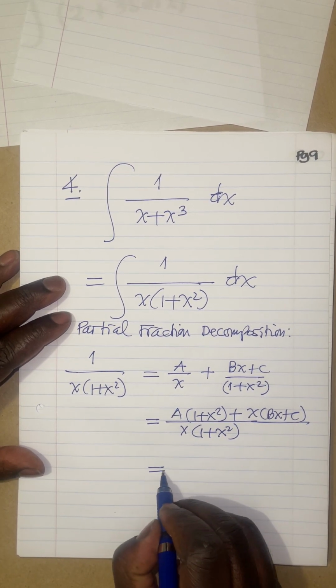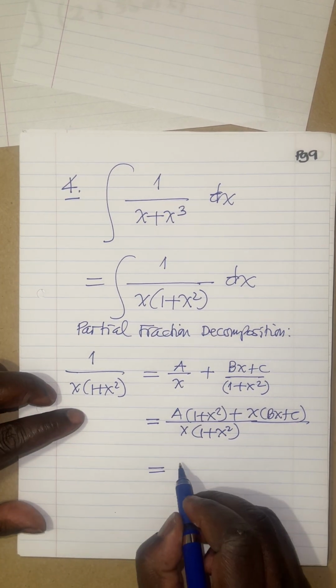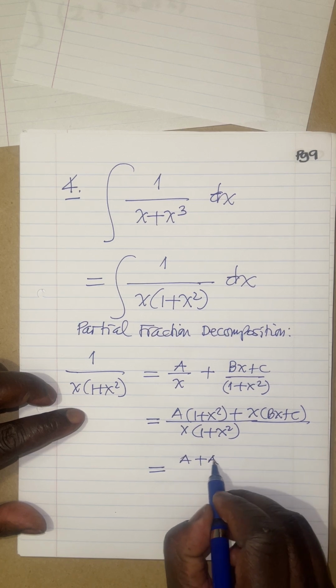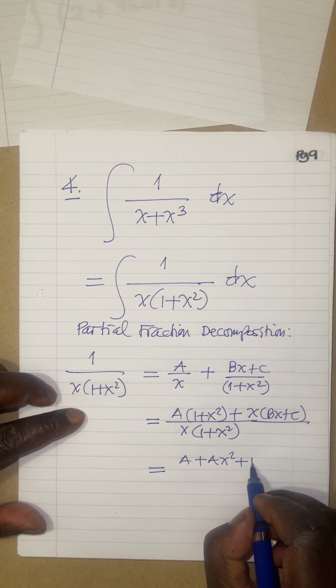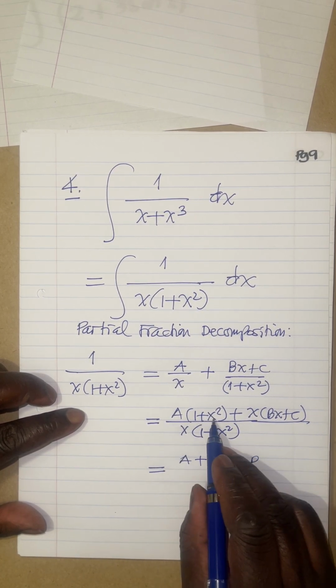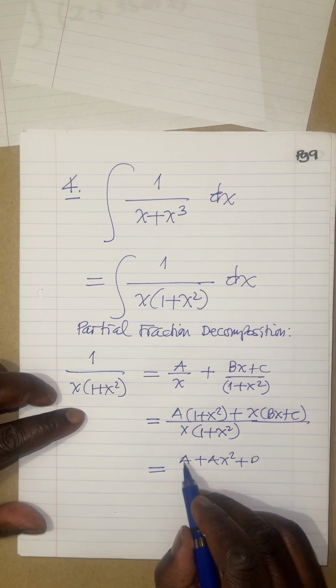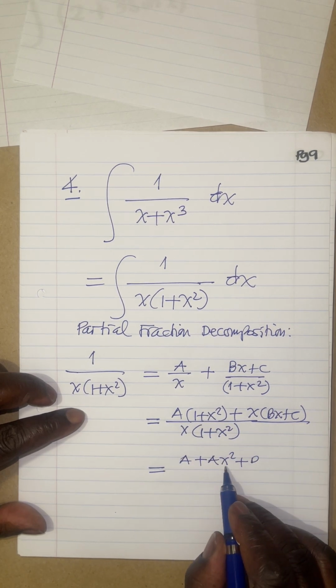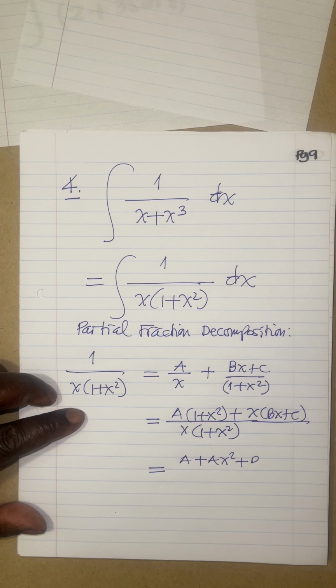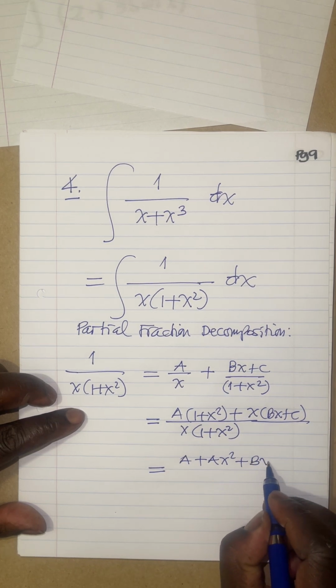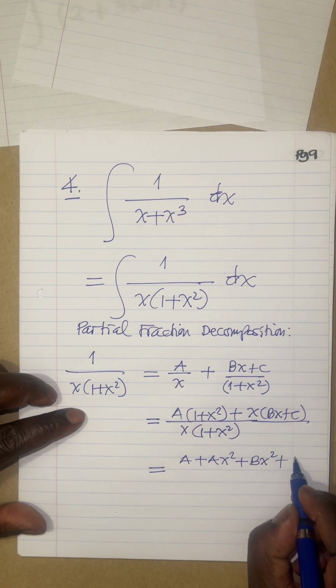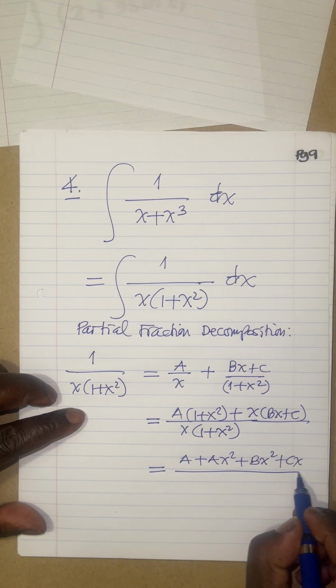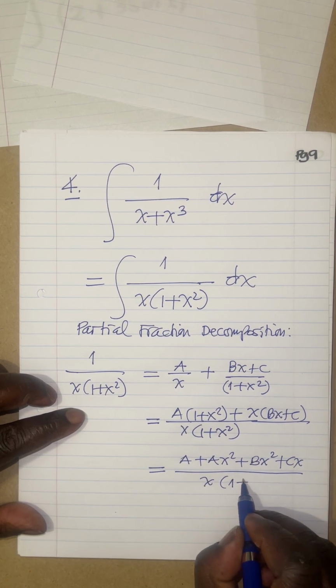Let's expand and simplify the numerator. What we have is a plus ax squared plus bx squared, since x times bx is bx squared, and x times c is cx, all over x(1 plus x squared).